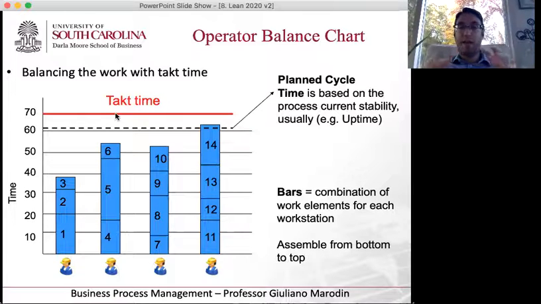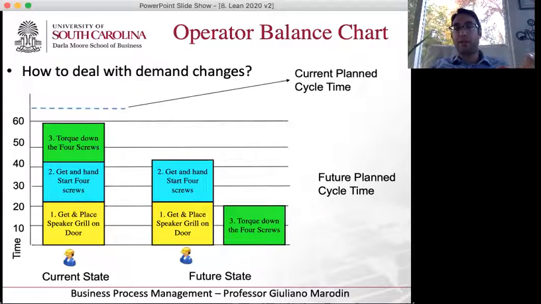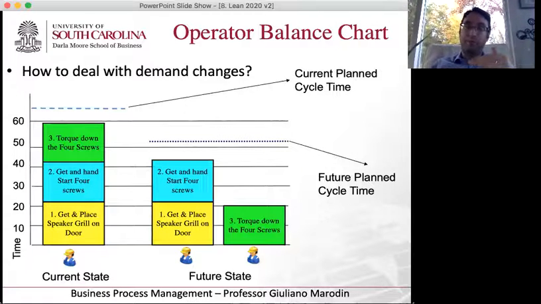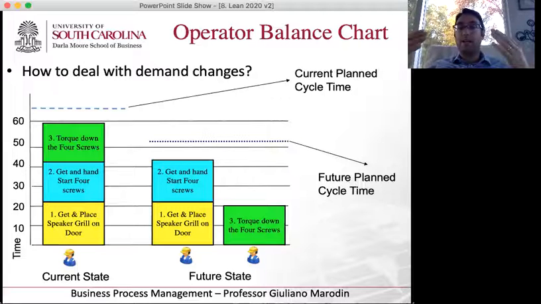So I use that to balance. What happens if, let's say in this case, I have an operator balance chart, my worker is here, I have 3 elements. If in the future state the takt time reduces, that basically means my demand increases, right? Then now I cannot have 1 worker in this cell. I have to have 2 workers in this cell.